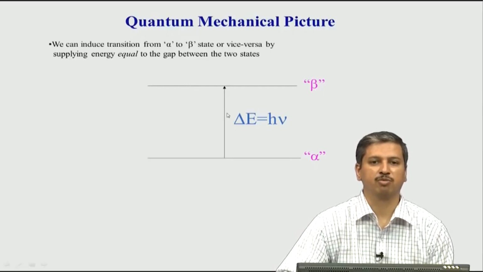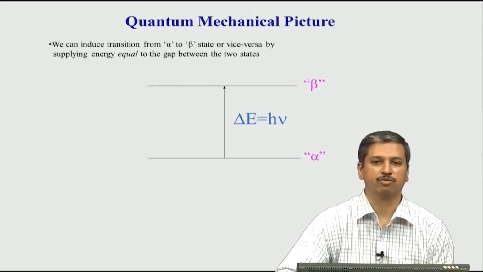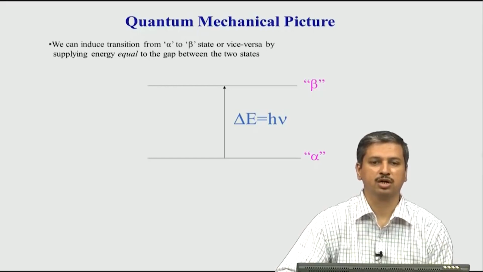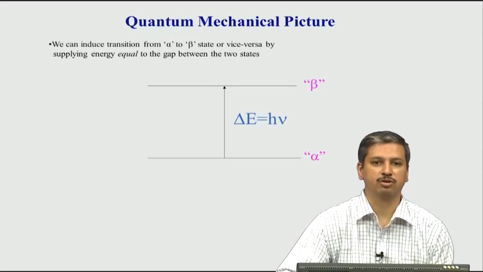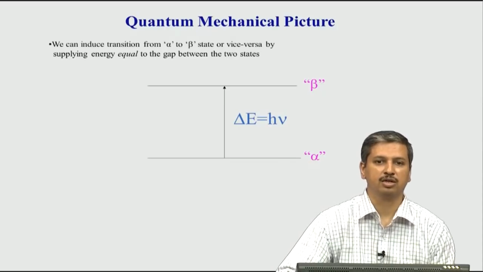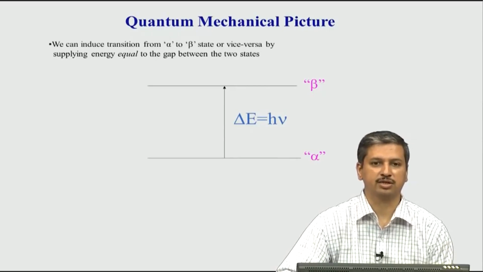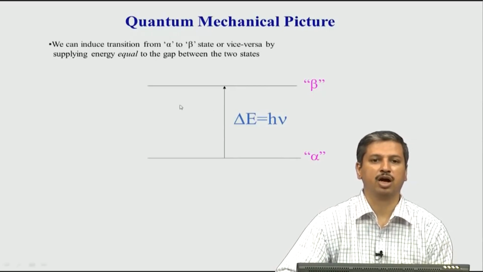So, the basic idea of NMR can now be said as follows. You take a sample containing molecules in which the atoms have nuclei with non-zero spin. Take the sample in a magnetic field, let us say applied along the z direction. The molecules now get distributed into two populations, two states alpha and beta, because of their interaction with the magnetic field.